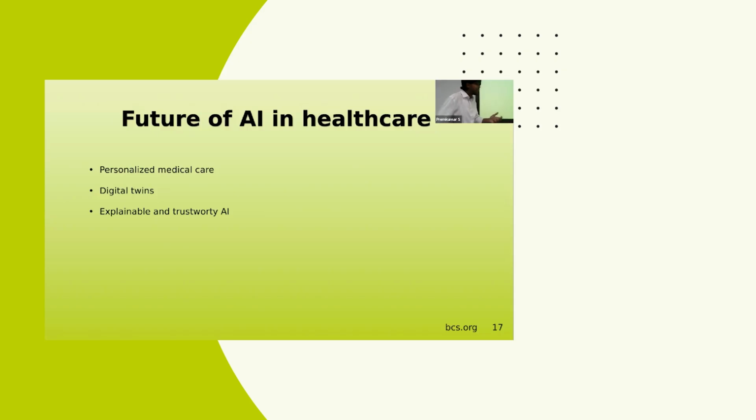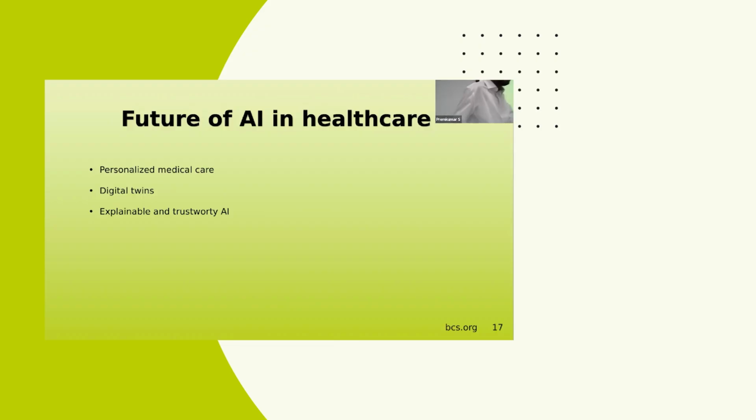To most clinicians and medical practitioners, AI is always considered a black box. We give it an input, we get an output, and what happens in between, we have no idea about. When explainable AI comes, it will provide the reasons why it took a decision.